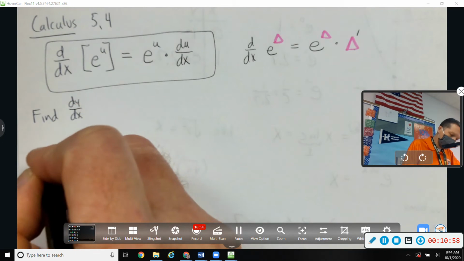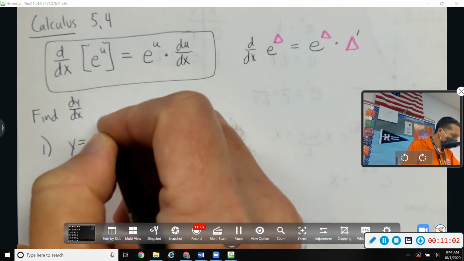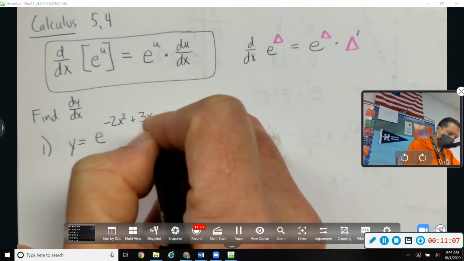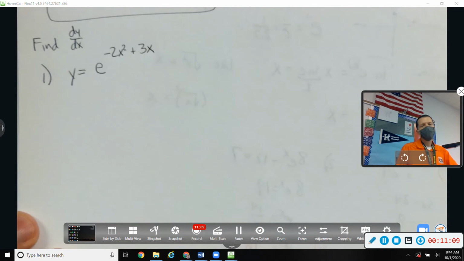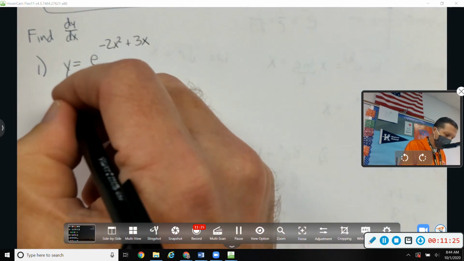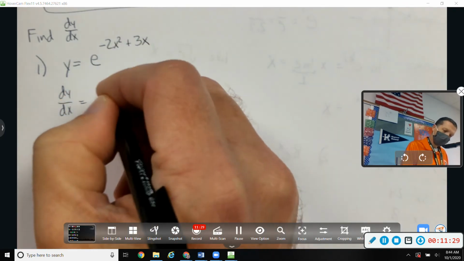So let's do some examples. So y equals e to that thing, so dy dx equals e to that thing.